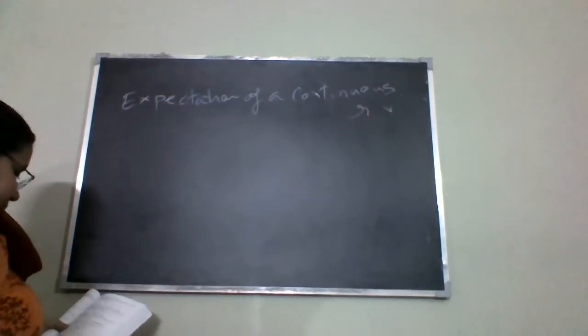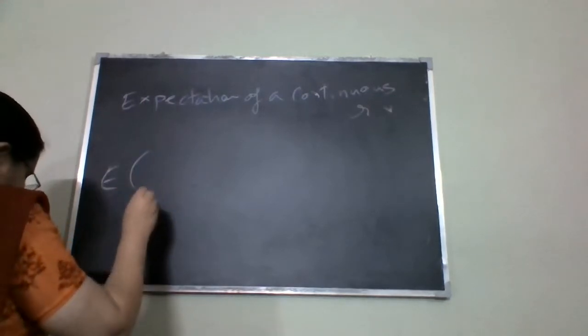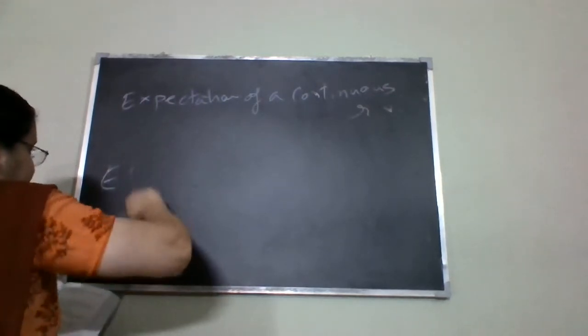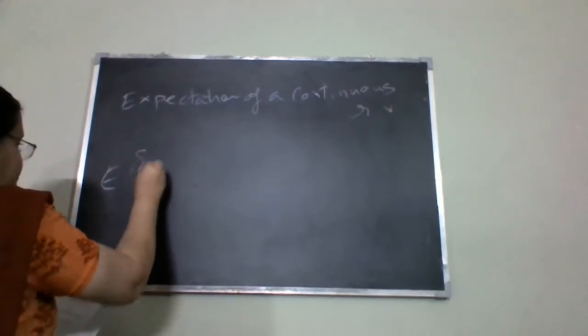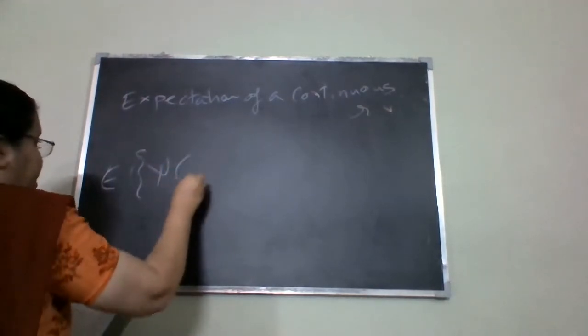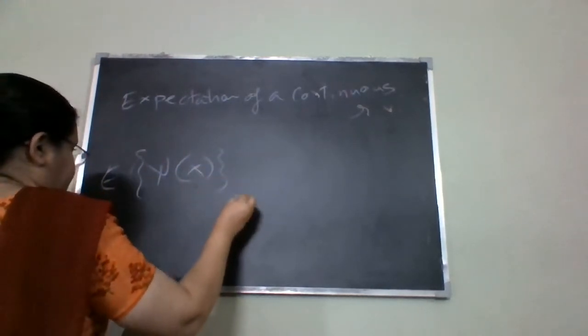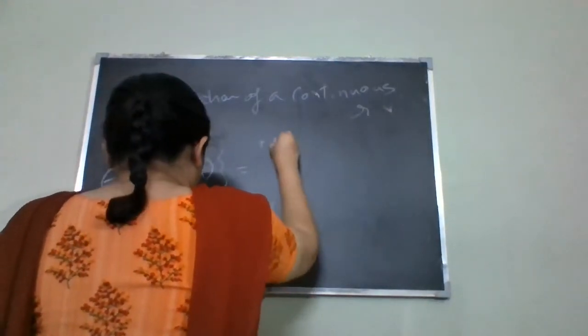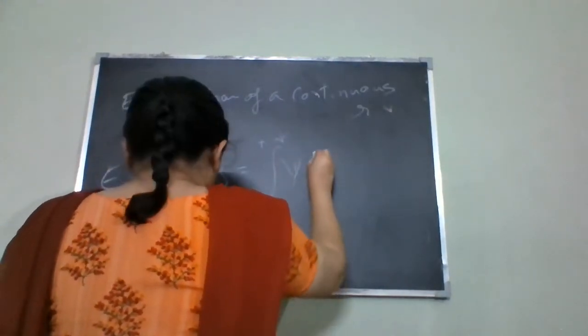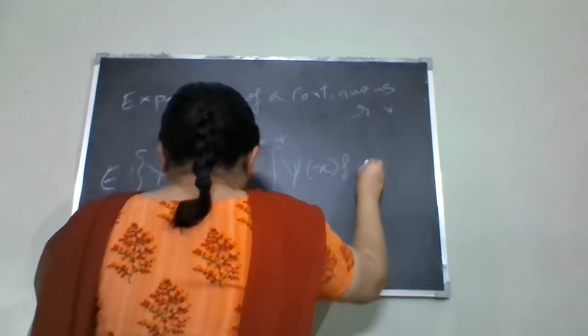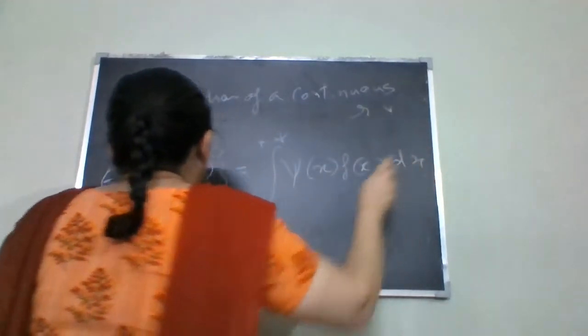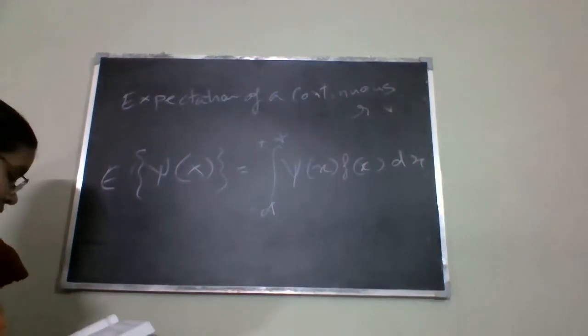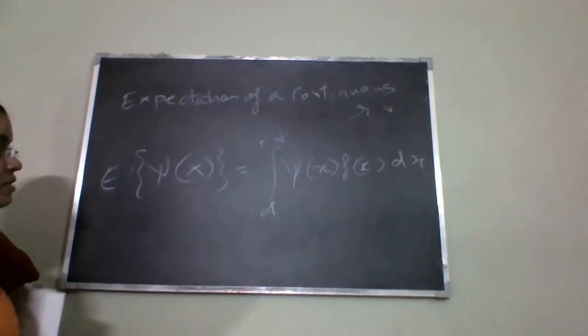It will be something like this: E of g(X) is equal to the integral from minus infinity to plus infinity of g(x) f(x) dx. So this will be the thing for a continuous distribution.